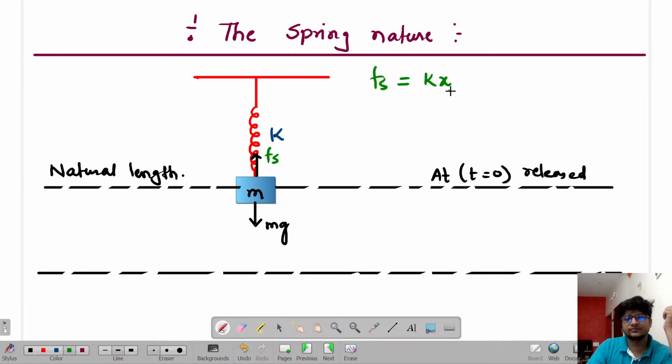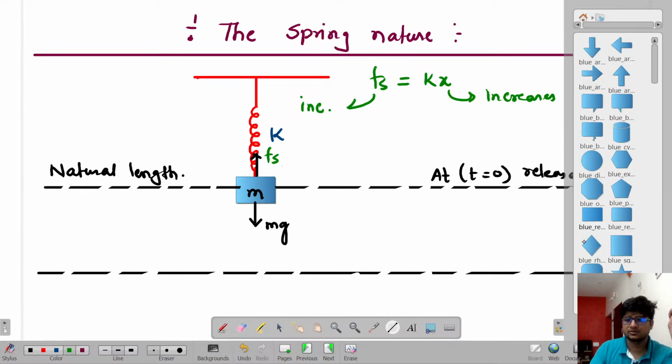As x increases, the spring force also increases. So as this mass is going down, the spring force is trying to increase and trying to balance it. So you can see that this mass will come down over here. Let's suppose this mass comes down over here. Is that clear?